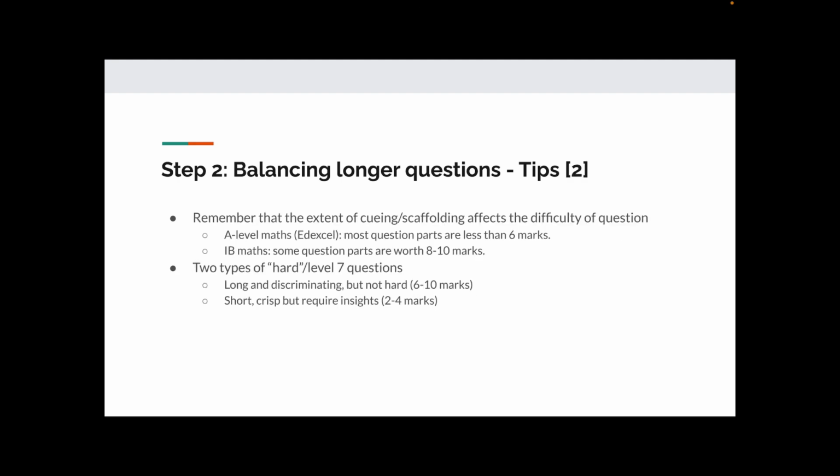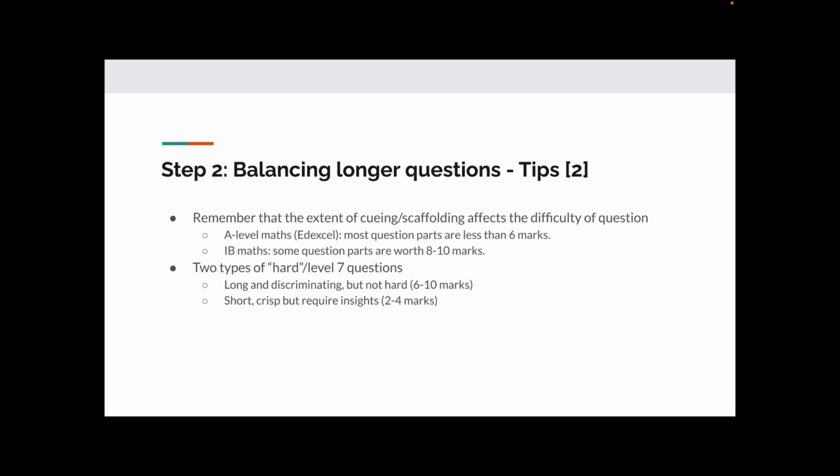Tip number 2. Remember that the extent of cueing or scaffolding affects the difficulty of the question. In IB, some question parts are worth up to 10 marks. That's quite a lot. For A-level, most question parts are less than 6 marks, so there's more scaffolding there, I would say.